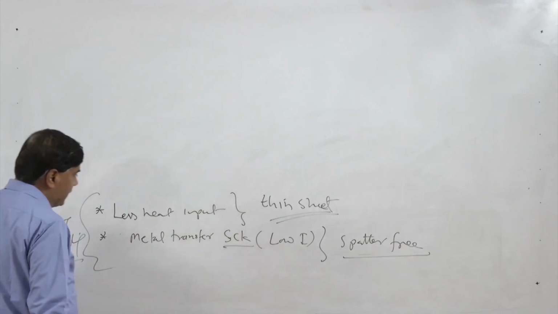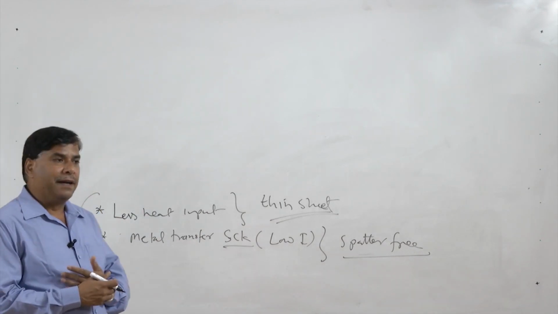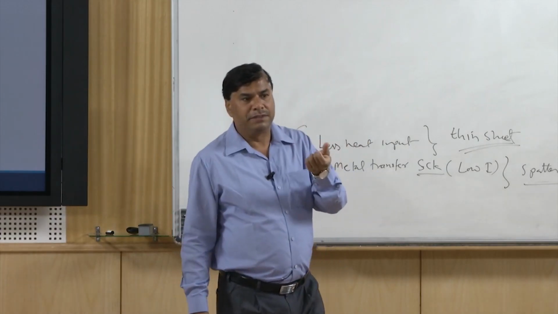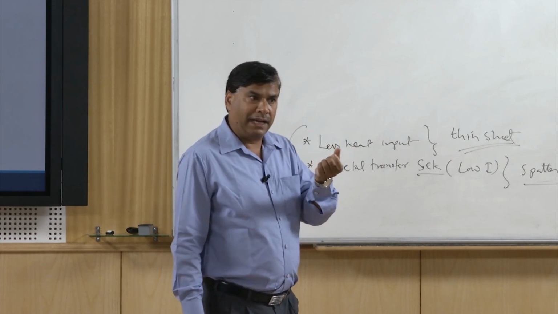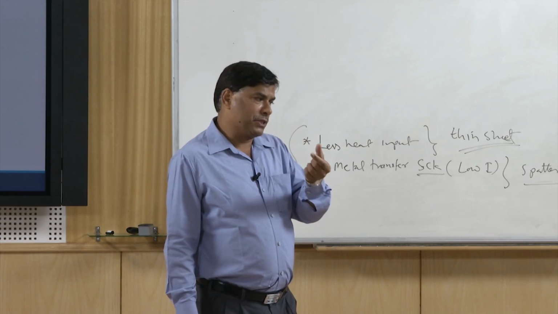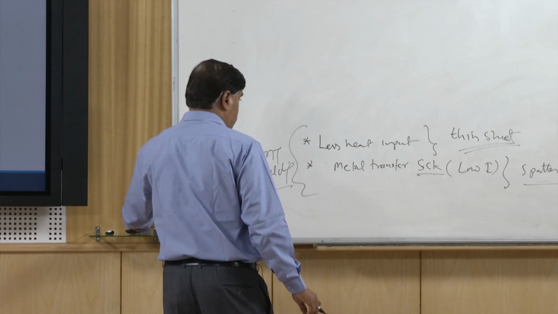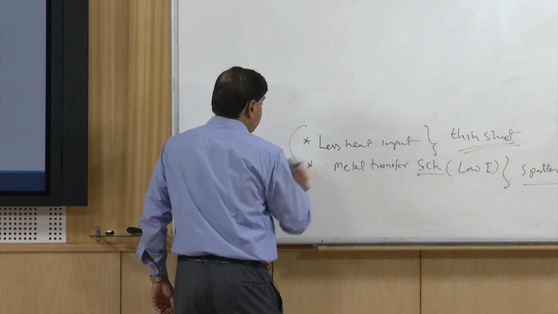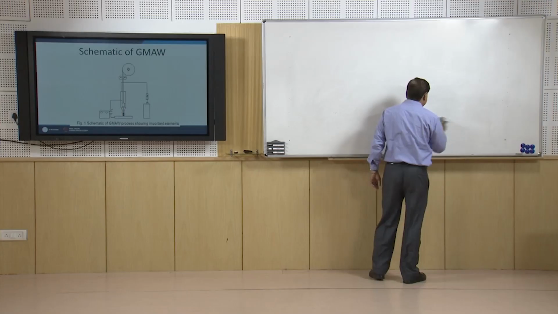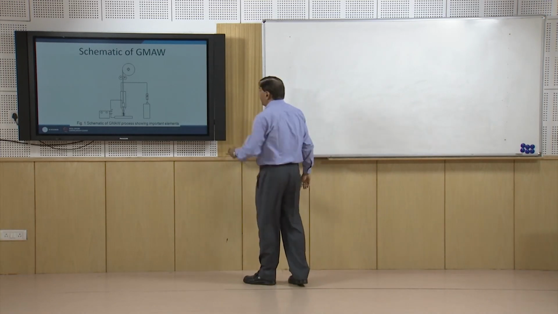If you see, it combines the positives of pulse GMAW, and additionally it uses the unique back and forth movement of the electrode, which facilitates the touching of the molten metal drop to the pool for smooth transfer, so that the metal is transferred in a spatter free way, using very low heat input.